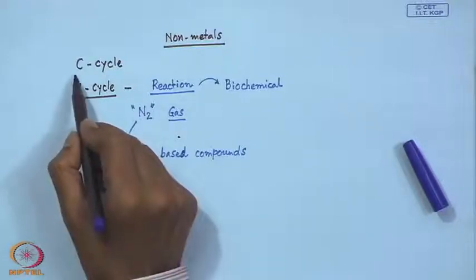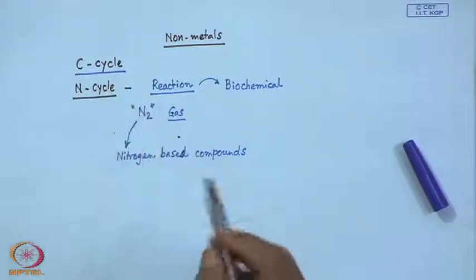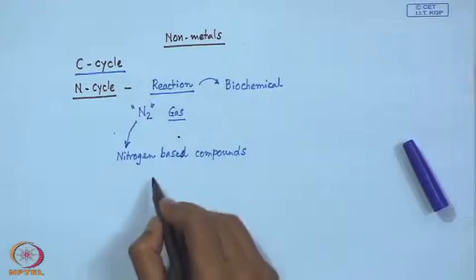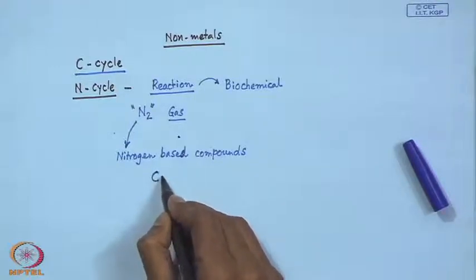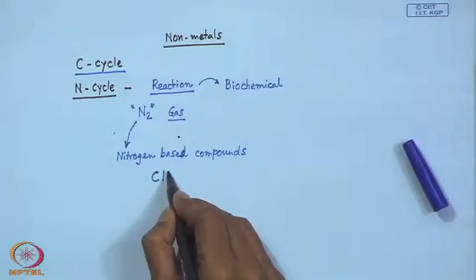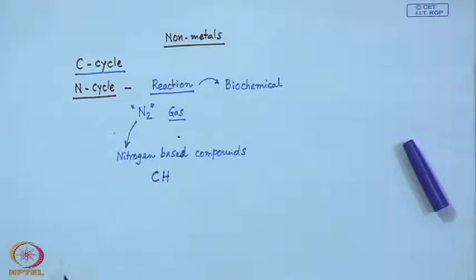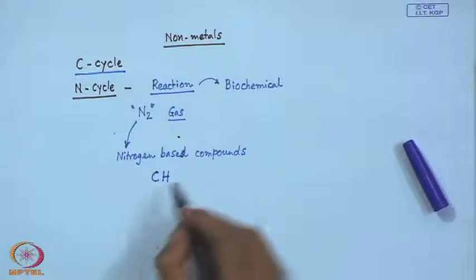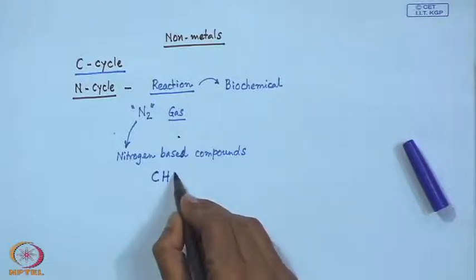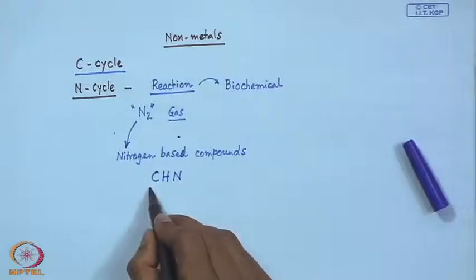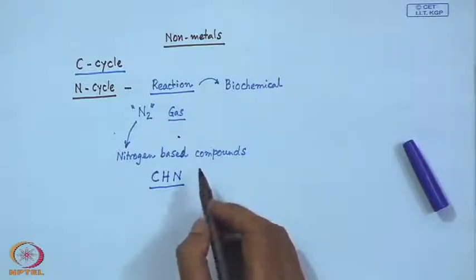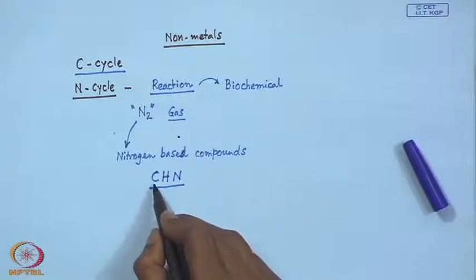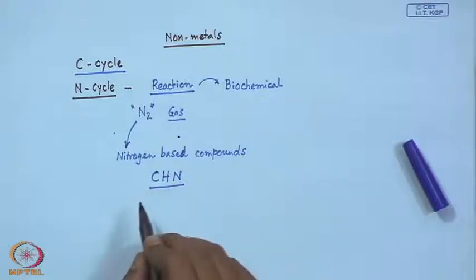We have already seen some of these reactions in the carbon cycle, which gave us compounds based on carbon and hydrogen. Now we are incorporating nitrogen into the system, getting organic and other important compounds composed of carbon, hydrogen and nitrogen.